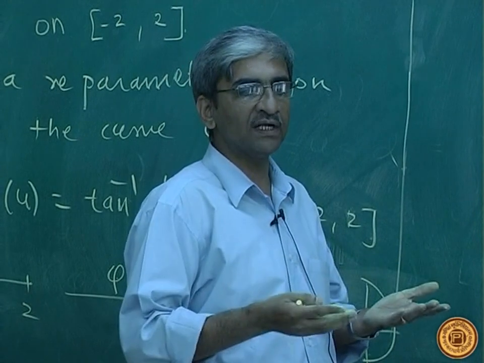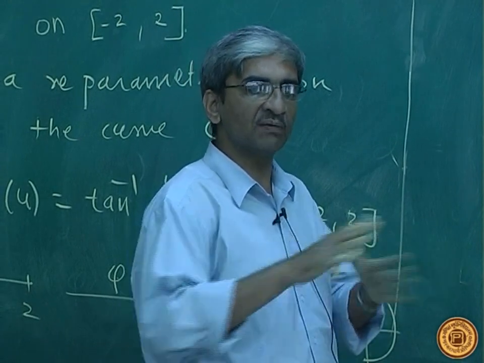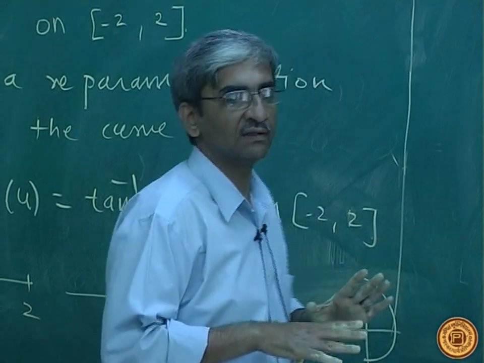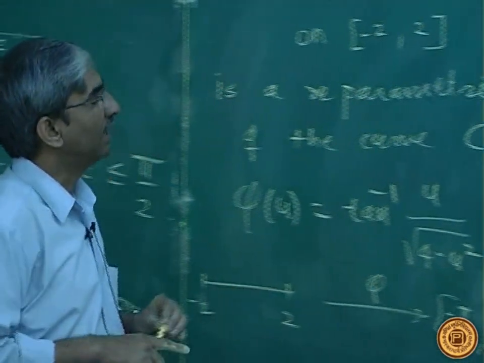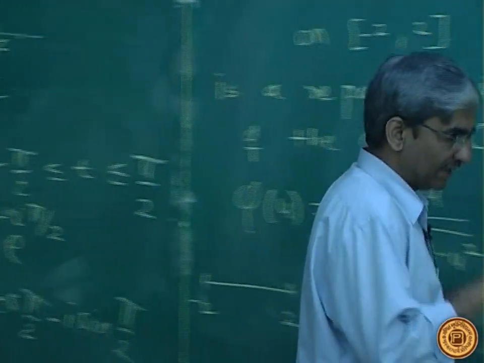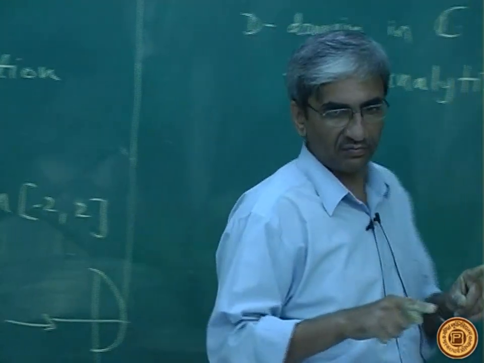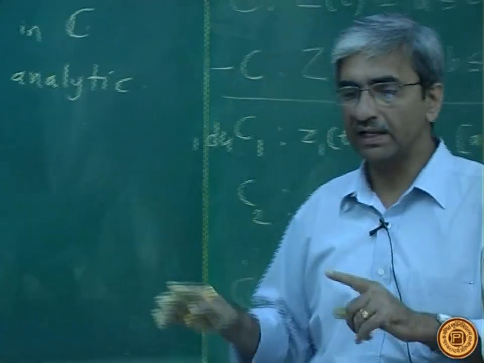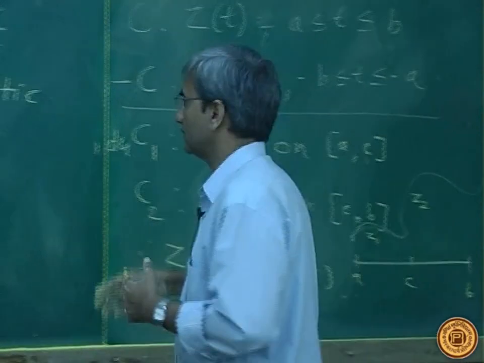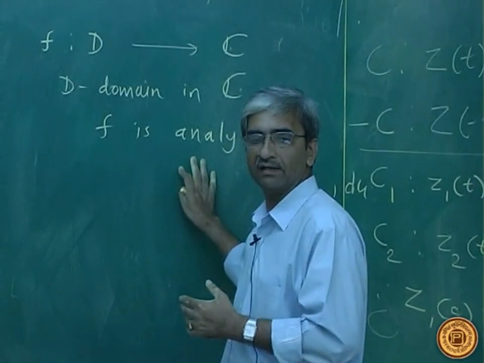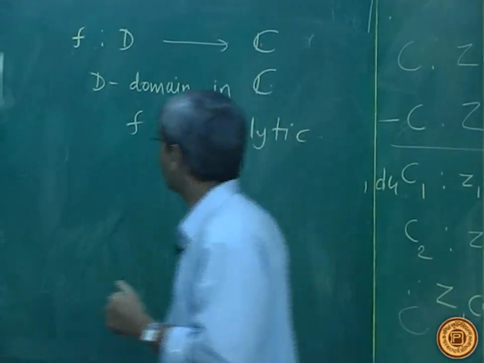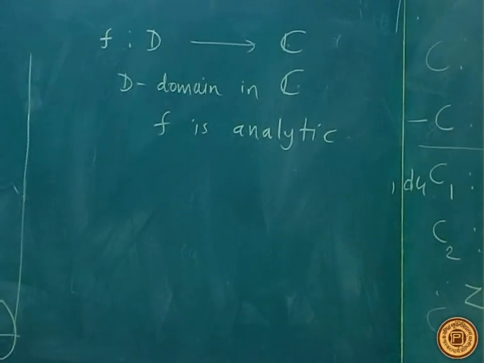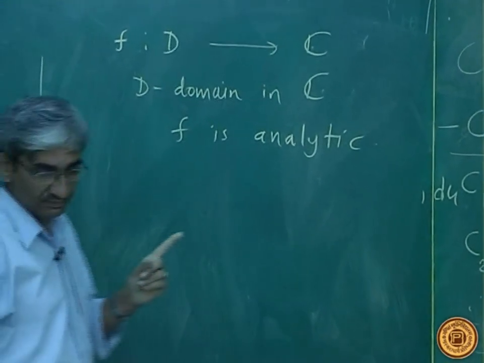Or if you take an open set, then you say that it is differentiable everywhere in that open set. Then it is analytic. Okay. And then we know that if f is analytic, then the real and imaginary parts of f are differentiable functions and they satisfy the Cauchy-Riemann equations. We have seen all that in detail in the previous chapter. Okay. So it is given that the function f is analytic.